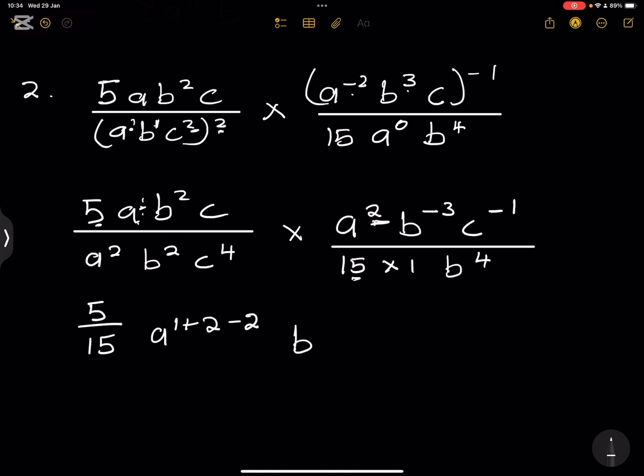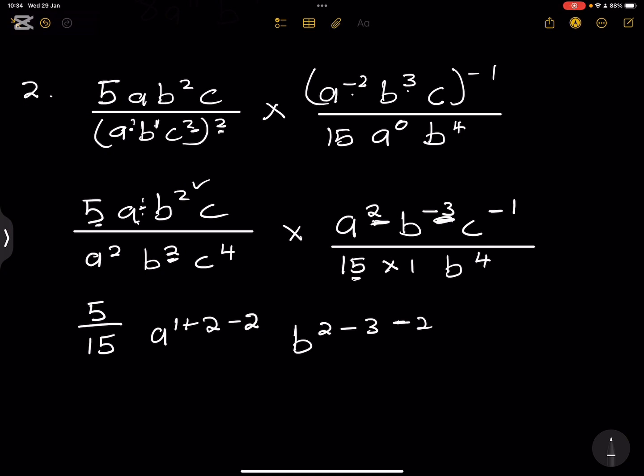So let's take b. We've got b to the power of 2, we've got minus 3, there it is over there, and we've got minus 2. This one changes sign when it goes to the numerator, so that's minus 2.